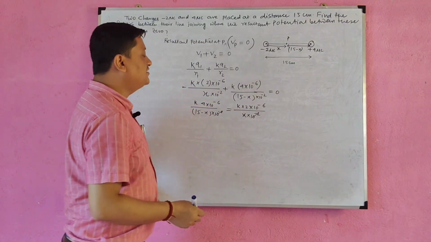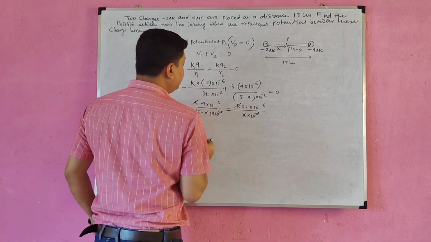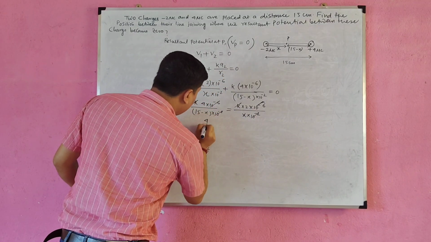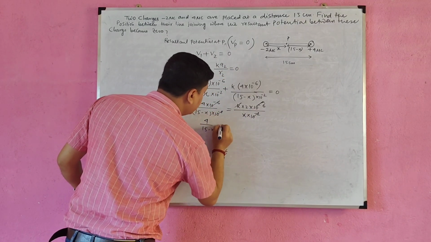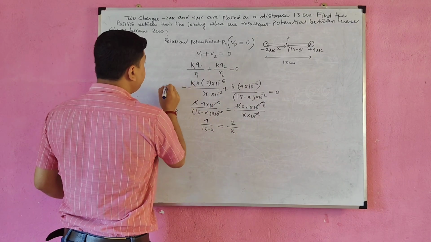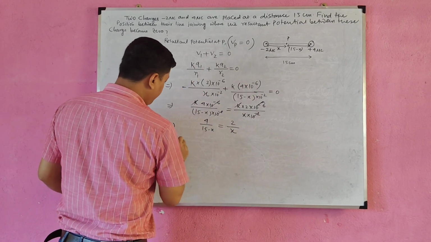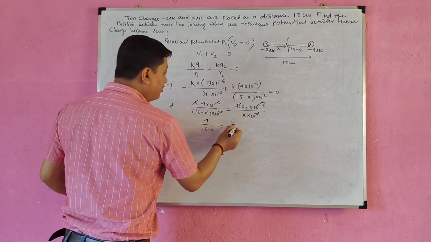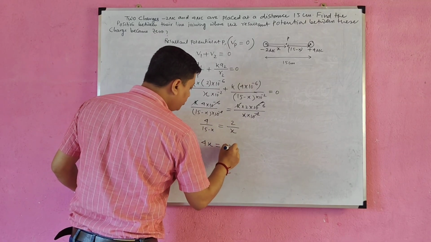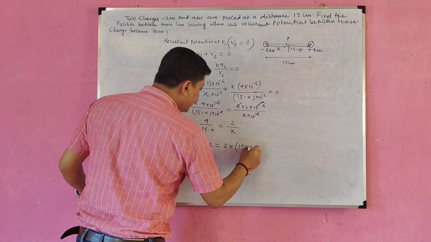10 to the power minus 2 cancel out. K and K cancel out. 10 to the power minus 6 cancel out. So 4 upon 15 minus x equals to 2 upon x. So if I cross multiply here, that will be 4x equals to what? 2 into 15 minus x.